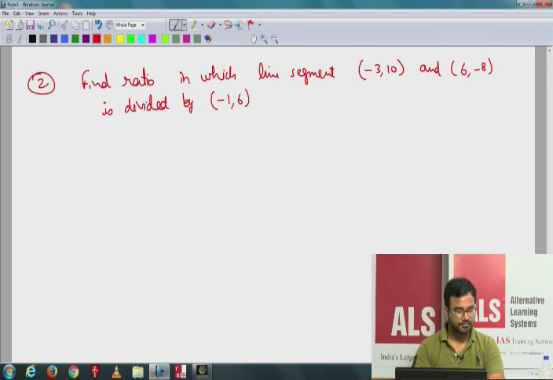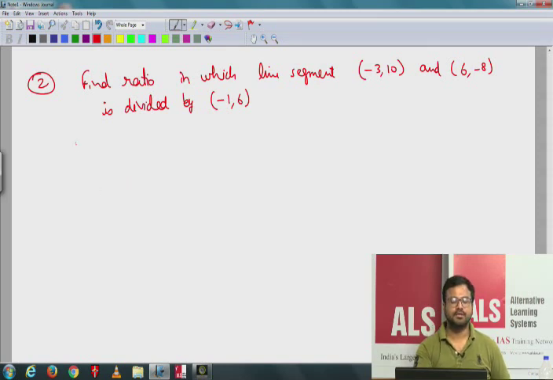Now whenever we have to find the ratio and we don't know whether it is an internal division or external division, we have to do it very carefully. In an objective type question, they might ask you the ratio, but whether it is internally or externally, how are we going to check that? So first we will do with some assumption.